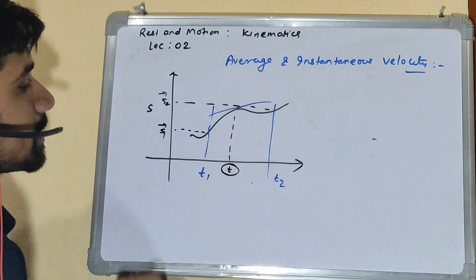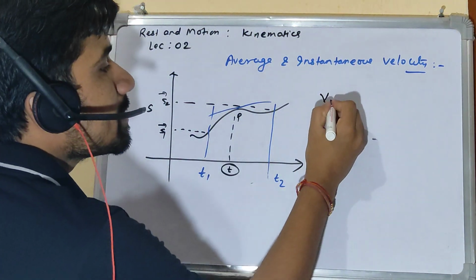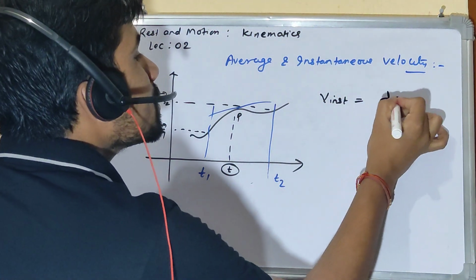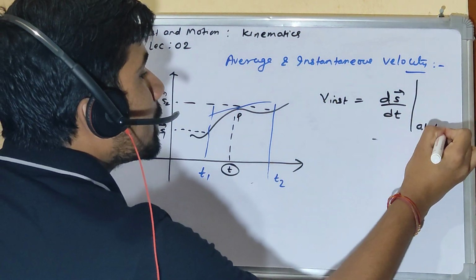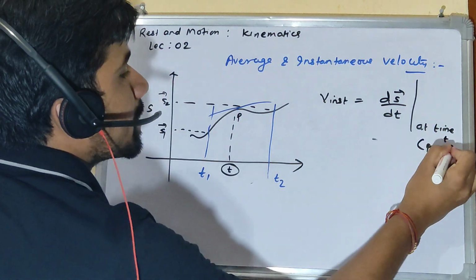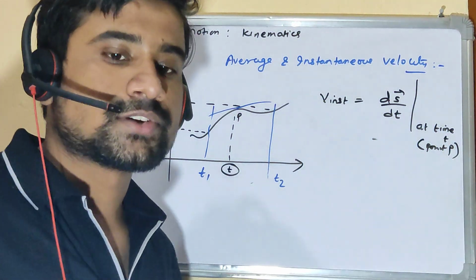Let's say this is time t and the point is p. So if I need to calculate instantaneous velocity, let me call this v inst. This will be nothing but the differential of displacement with respect to time at time t, or let's say at point p, whatever value of the coordinate is at point p. This is how we can calculate the instantaneous velocity.